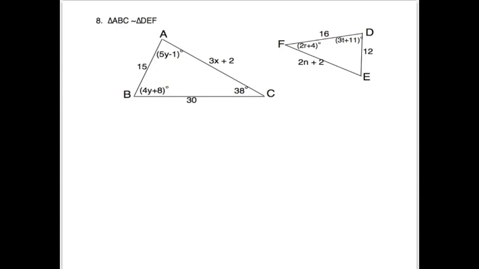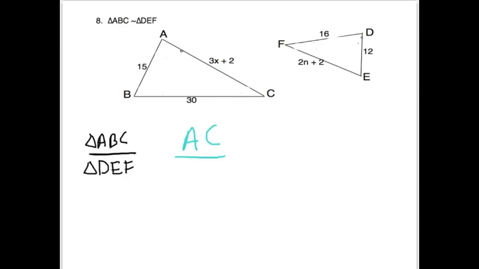So let's ignore the angle information for now. I need to find what x and what n equal. In order to do that, I have to use a known ratio. So let's first solve for x. The side 3x plus 2 refers to AC. So let's use AC as a ratio. I know that AC is the first and third letter of triangle ABC.